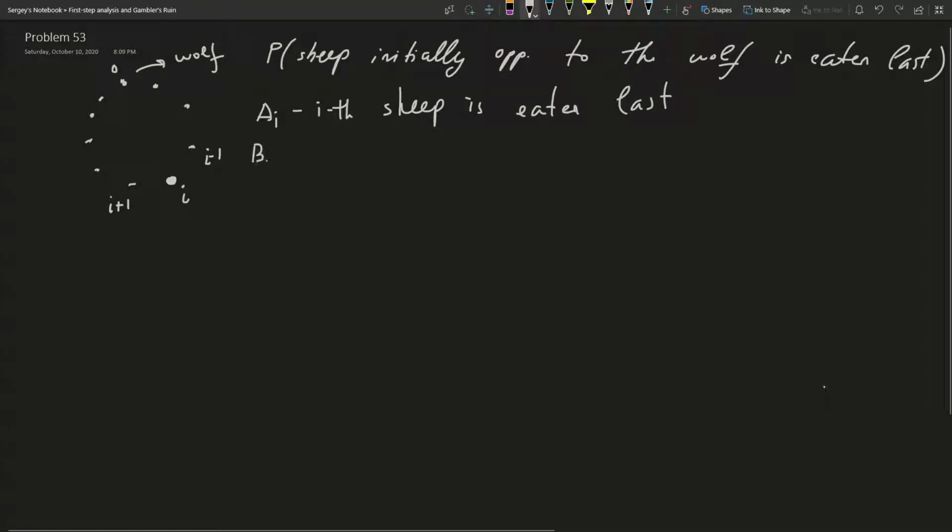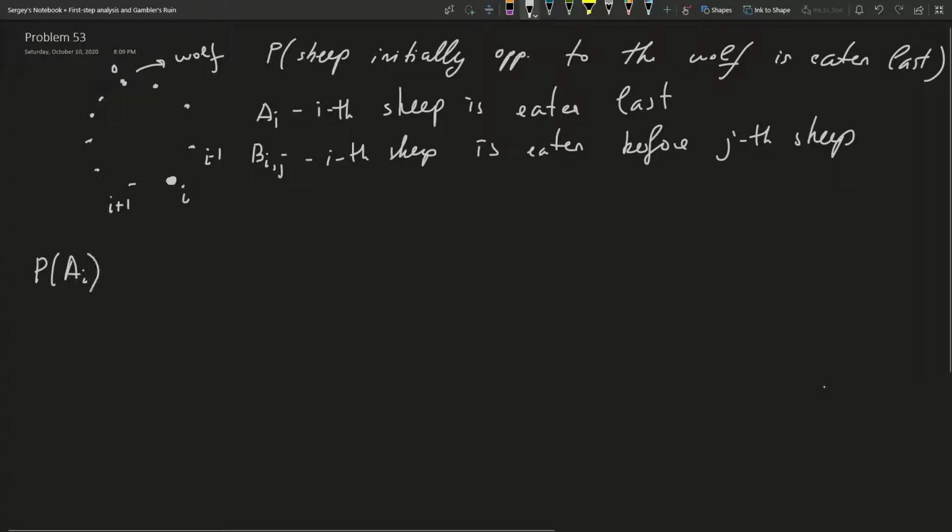And then let's denote B sub ij the event that the ith sheep is eaten before the jth sheep. So we're trying to find the probability of A sub I. We want to know how likely it is that the ith sheep is eaten last. And we're going to use the law of total probability to break this up into two cases.